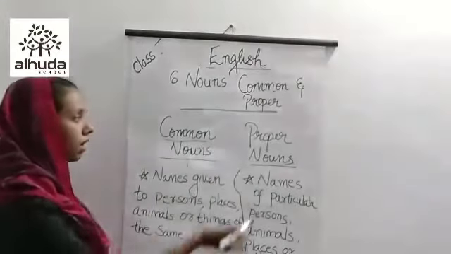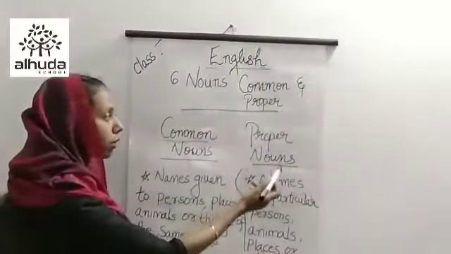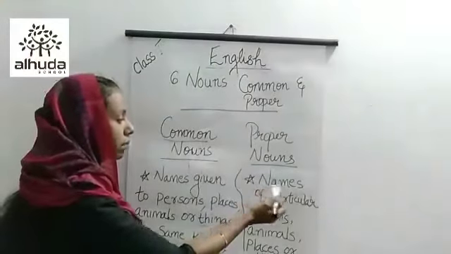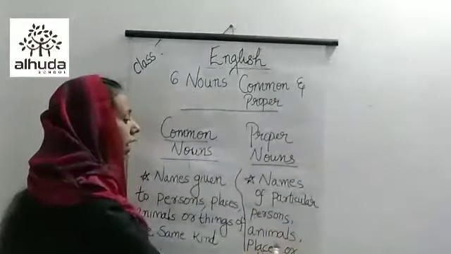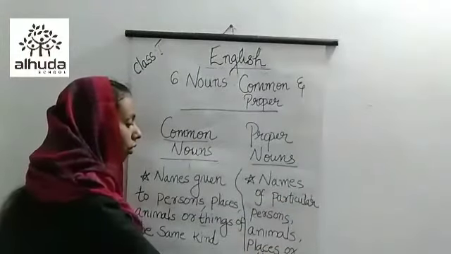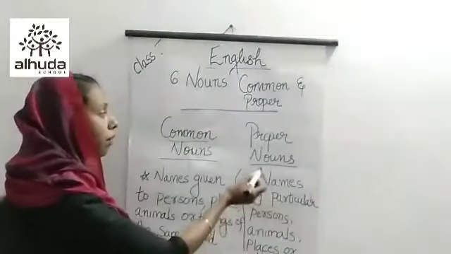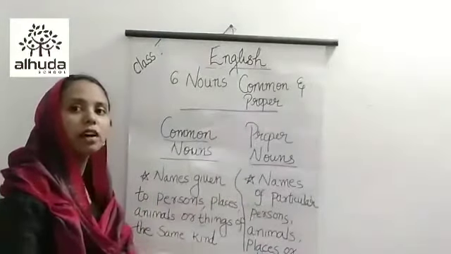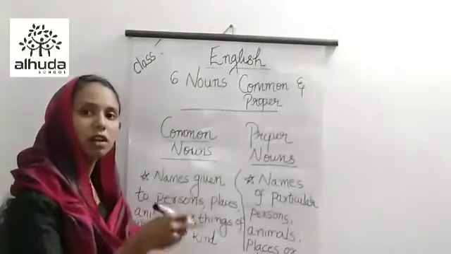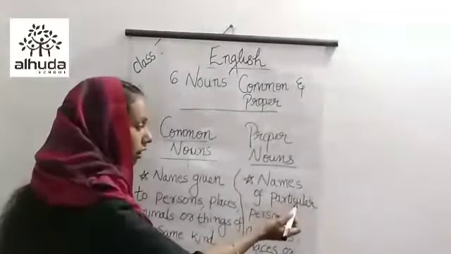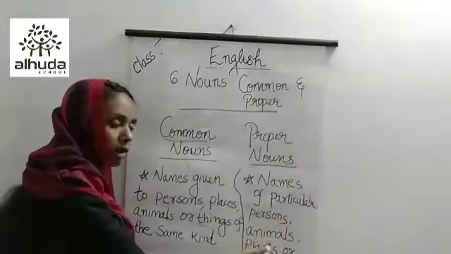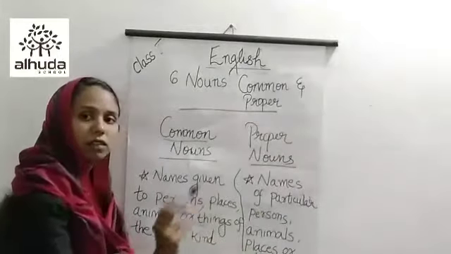Children, and we can go through the proper nouns. What are proper nouns here, children? Names of particular persons, animals, places or things. In proper nouns, we are particularly mentioning the names of the persons, animals, places or things.